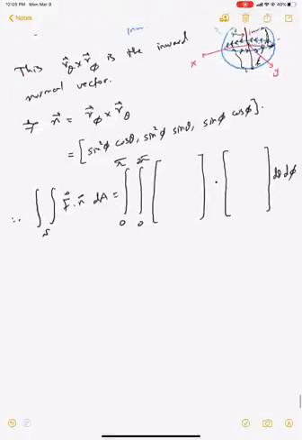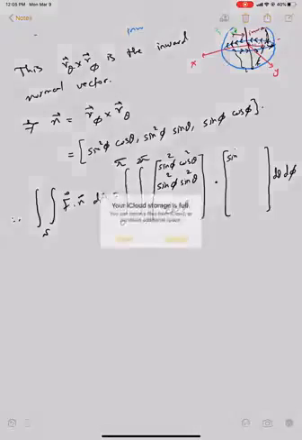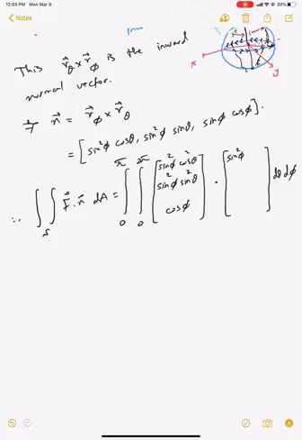X was sine phi cosine theta, but the function says x squared. Then y squared, the y was sine phi sine theta. Again, we have a square. Then the z was just cosine phi. Dot the normal vector. Now this is my normal vector, so it is sine squared phi cosine theta, sine squared phi sine theta, and sine phi cosine phi.